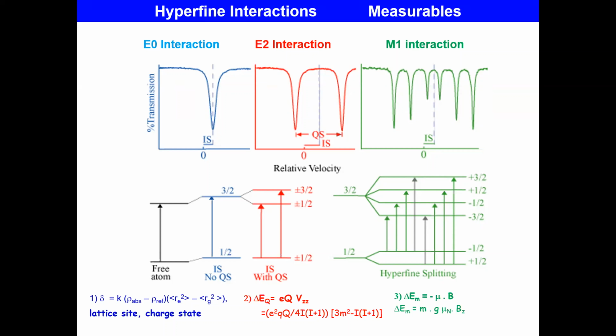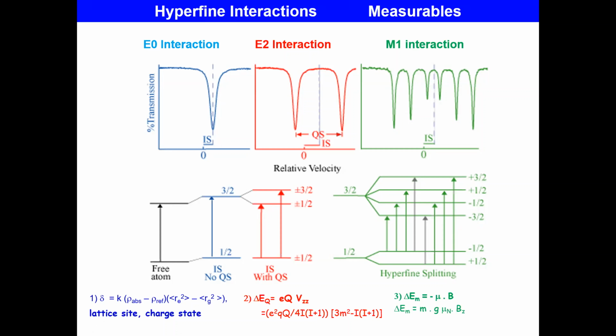So it works in the case of a non-zero electric field gradient. If the field gradient is spherically or tetrahedrally symmetric, then this effect is zero. It is also important to see that the energy associated with the electric quadrupole interaction is proportional to m squared, the magnetic quantum number.